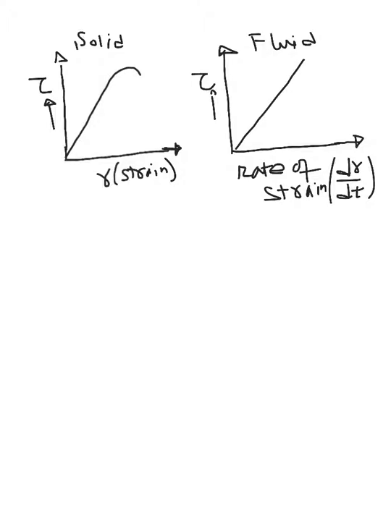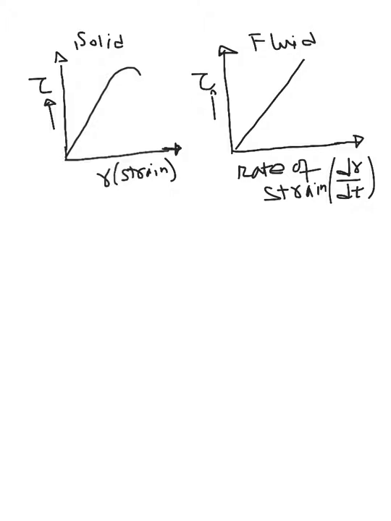Now finally, I would like to make a comparison between the deformation curves of solids and fluids. If I plot the shear and strain for a solid, as you all know, solids deform under the action of forces, and that deformation will be permanent at a certain point.